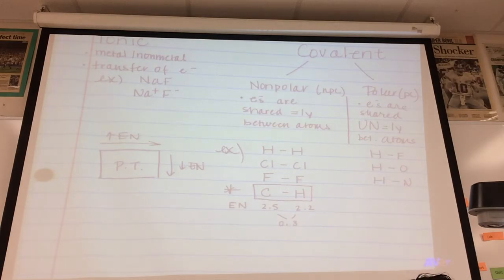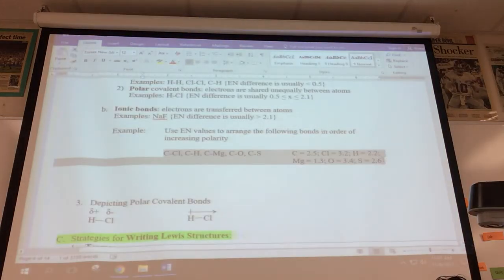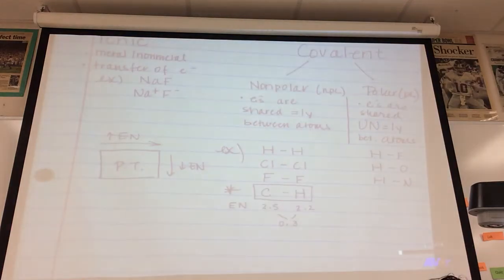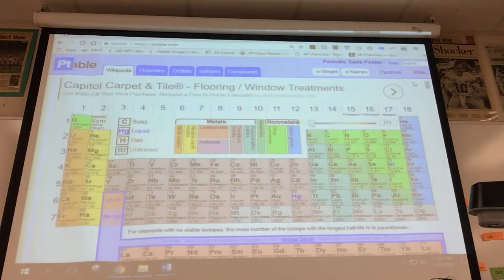There is a question here in your notes. I'm going to change it around a little bit so it serves you better. You'll see questions like this in your homework at the end of the chapter, and anybody can subtract two values and look at a chart. But the real question is, can you do it off the periodic table? For example, if you had carbon binding to N, O, or F, which bond would be most polar?